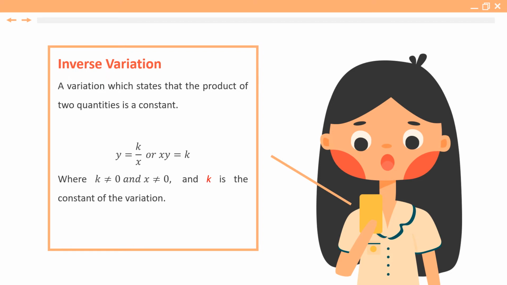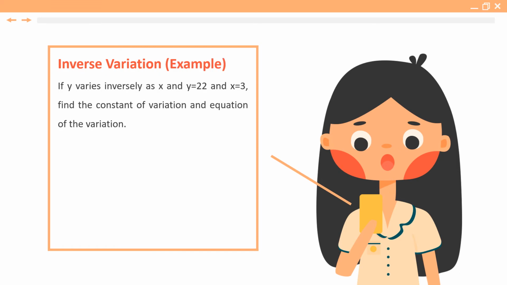You could write it this way, so you have y is equal to k over x or xy is equal to k. So as you can see, we have a comparison to the earlier one. And then, don't forget that k should not be equal to 0 and x should not be equal to 0. So the k is the constant of the variation.